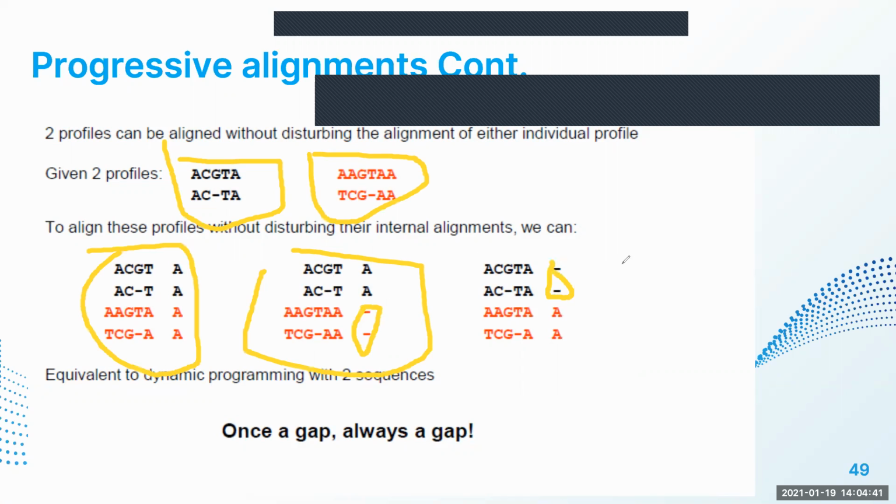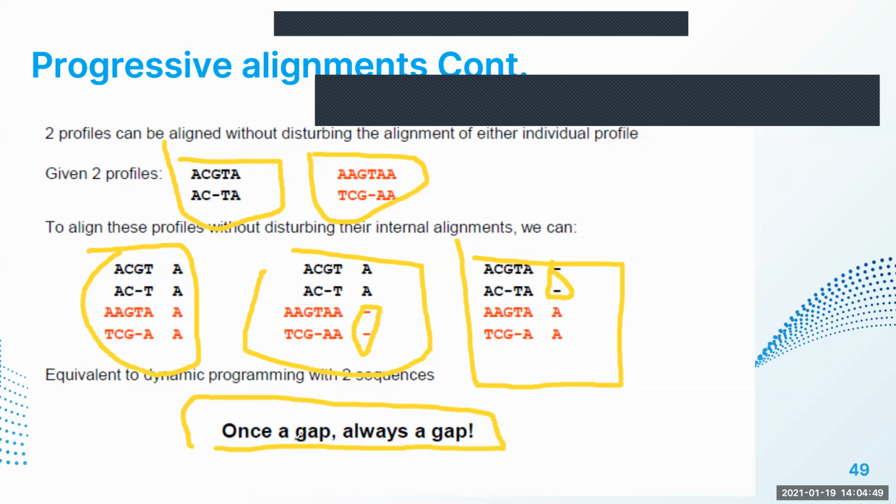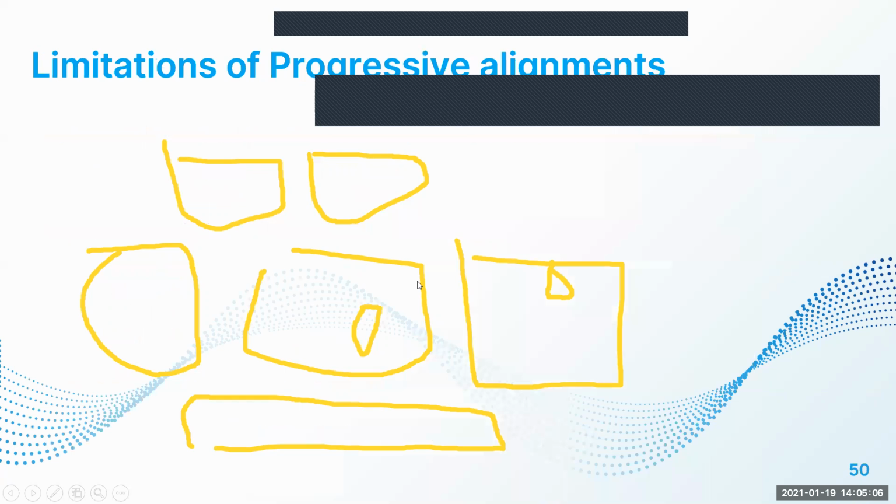You can introduce gaps as you want to increase the value. But once you introduce a gap, it will always be a gap. You can remove it at other iterations, if you are adding other sequences, you can remove it at that point. So that's the progressive alignment.